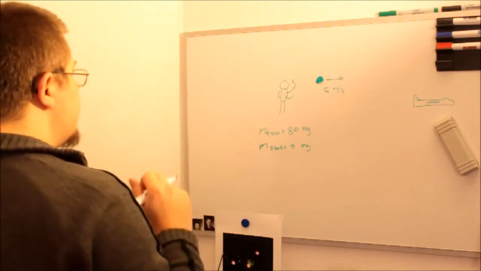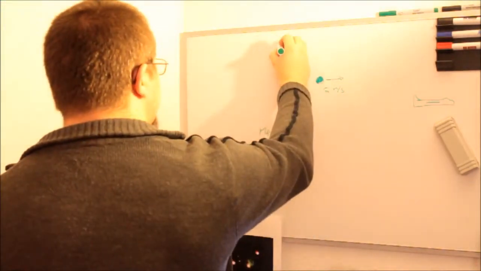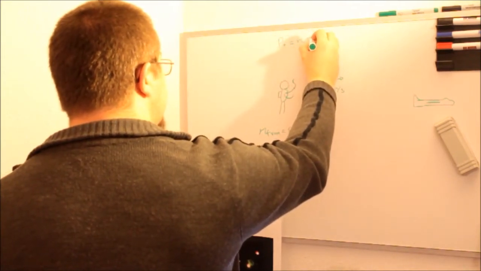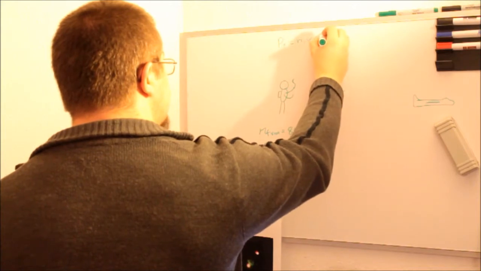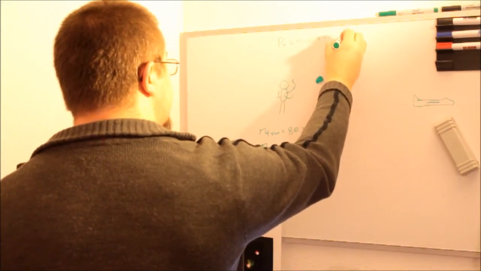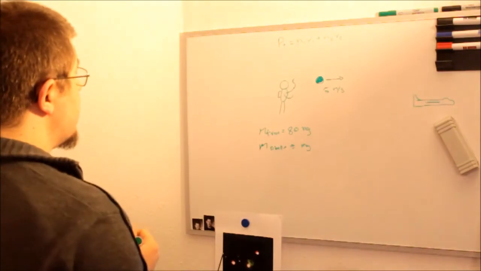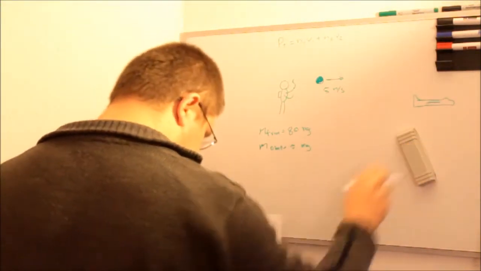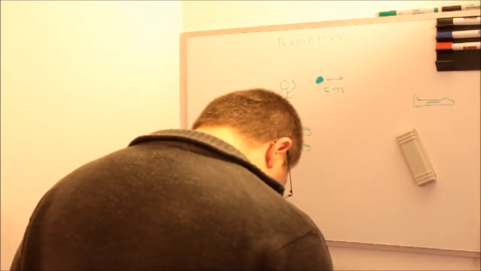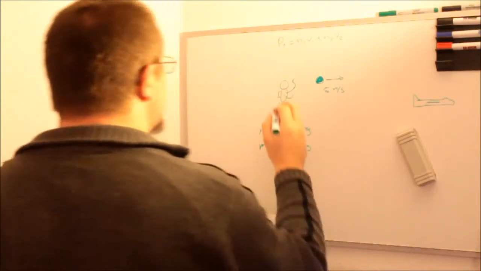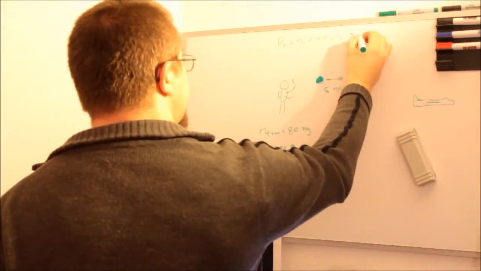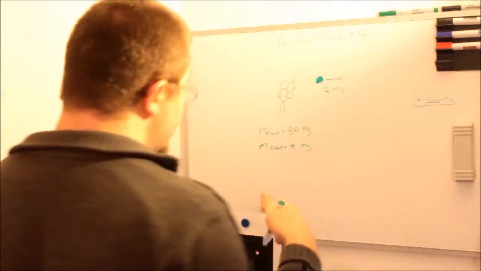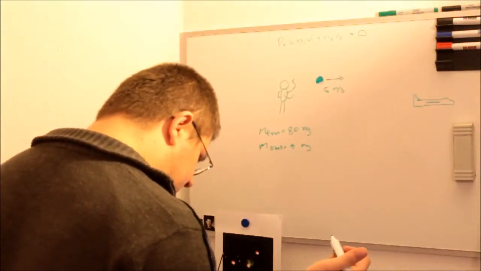So let's put up the formula again. The total momentum is m1 v1 plus m2 v2. Since the total momentum is conserved, we will set that equal to 0, because they're moving in opposite directions.